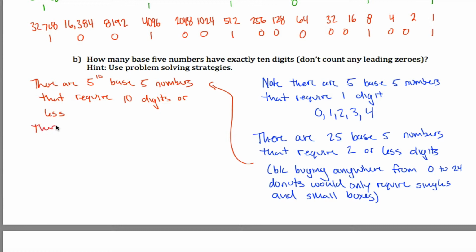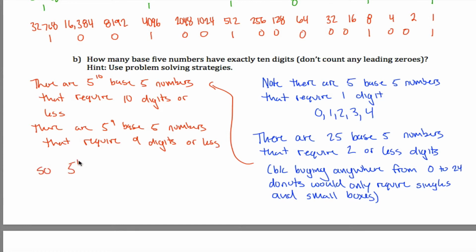And there are 5 to the 9th power base 5 numbers that require 9 digits or less. And if this many require 10 or less, and this many require 9 or less, the difference in those two require exactly 10.